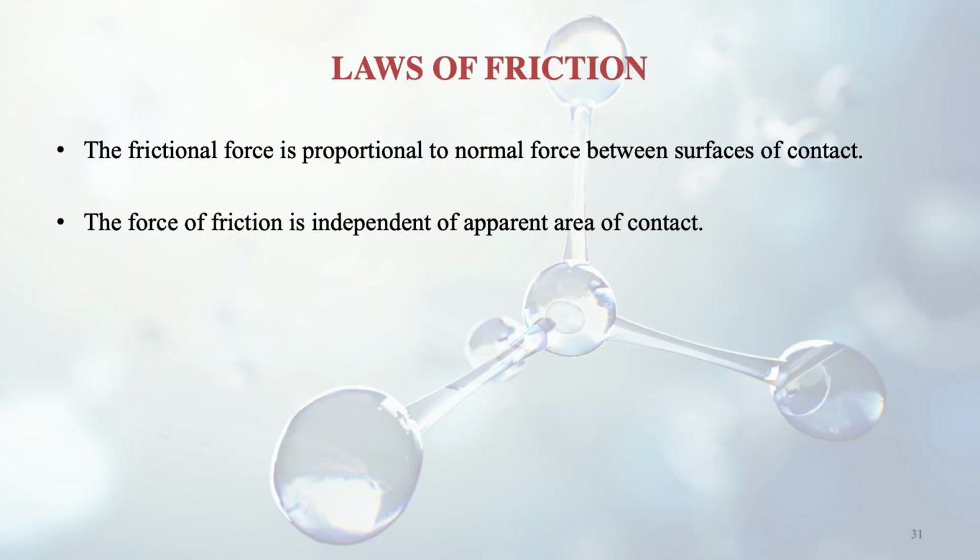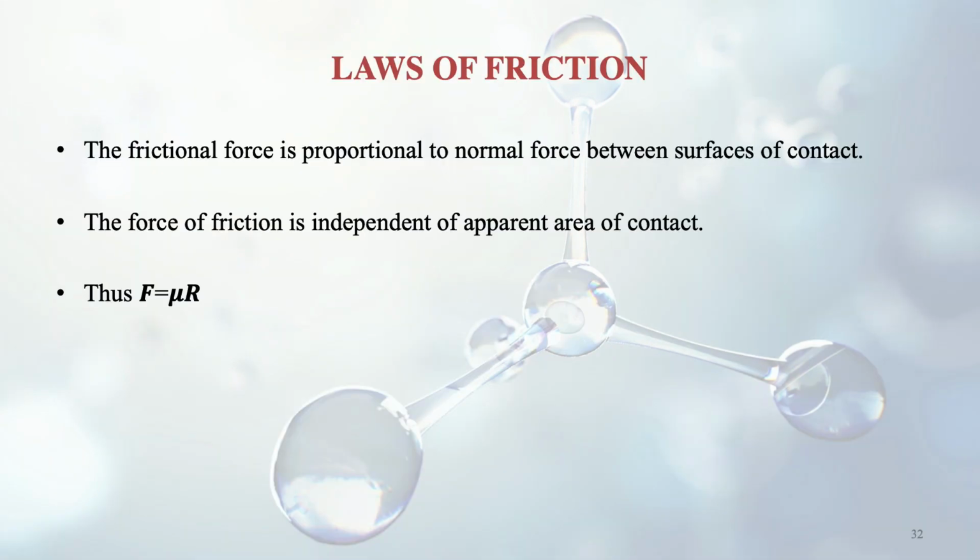The second point is that the force of friction is independent of the apparent area of contact. So the force of friction is actually not dependent on the surface area of the surfaces which are in contact with each other.